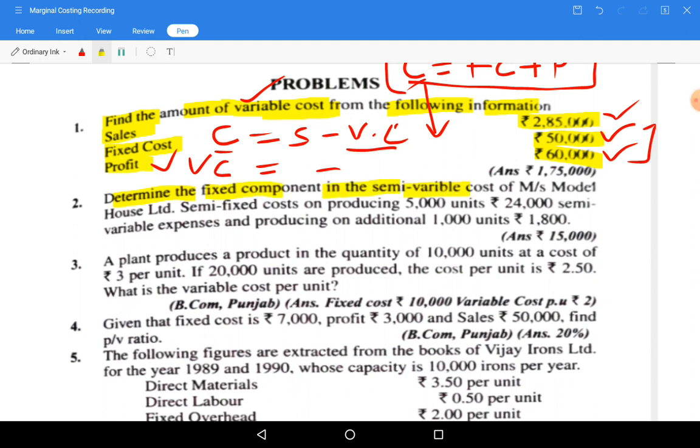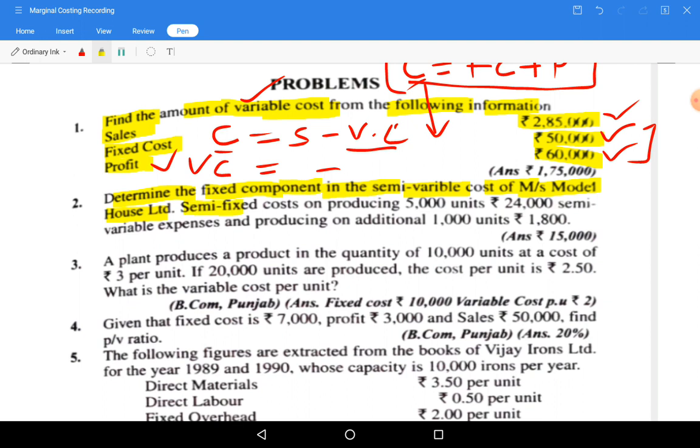As we know, in semi variable cost there will be fixed cost as well as variable cost. One problem we did while explaining what is semi variable cost, of Mrs. Model House Limited. We need to find out the fixed component in semi variable cost.